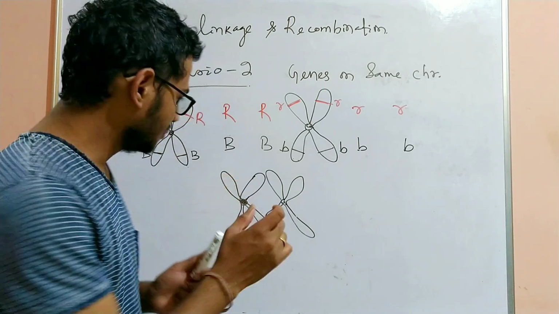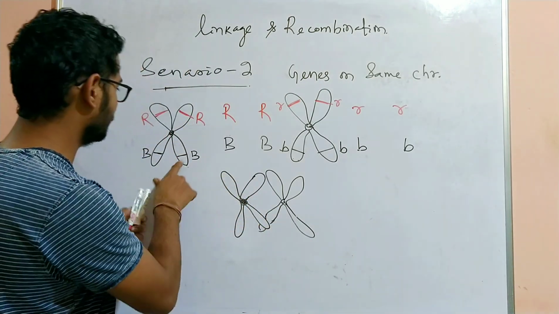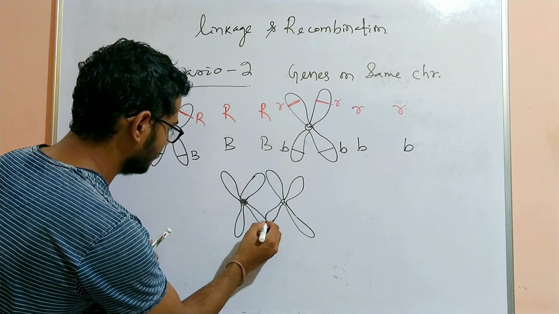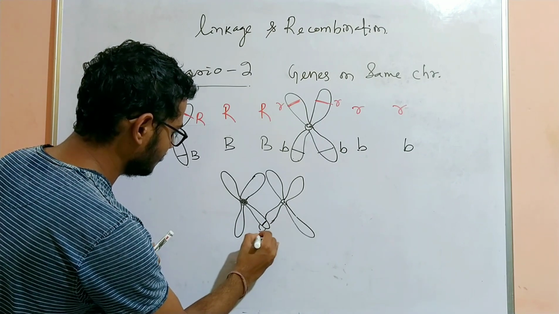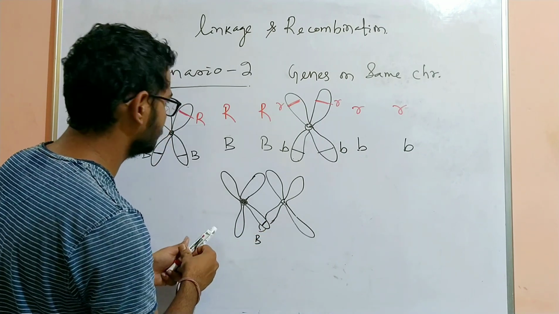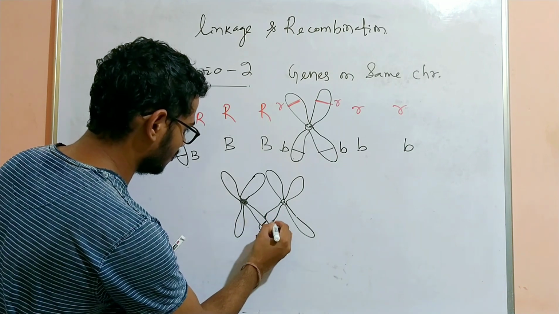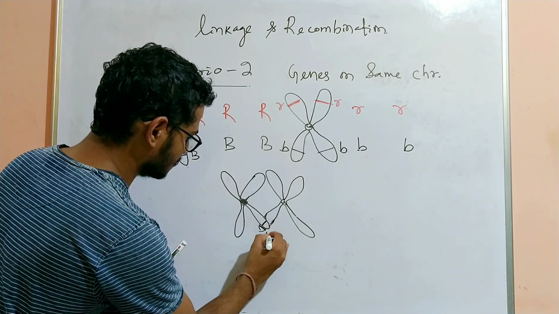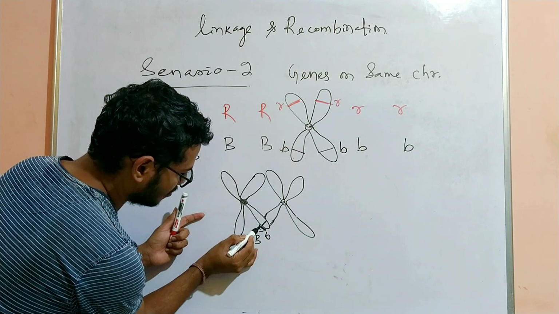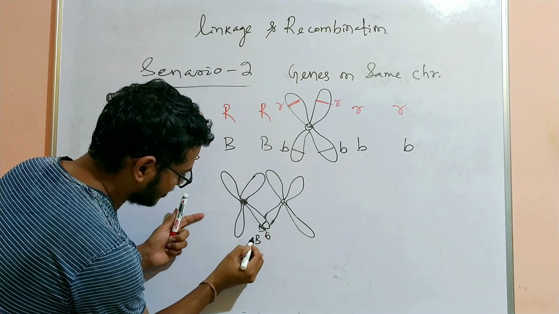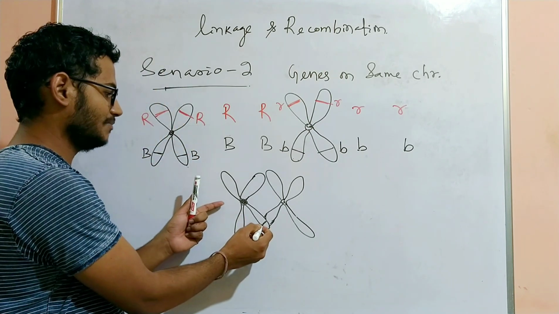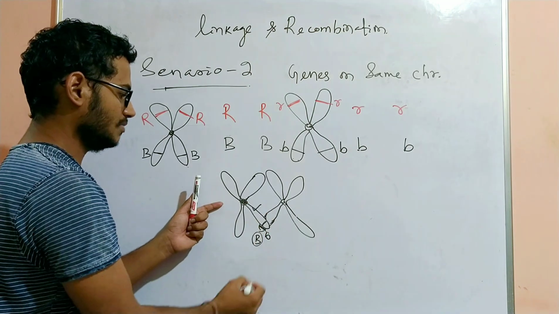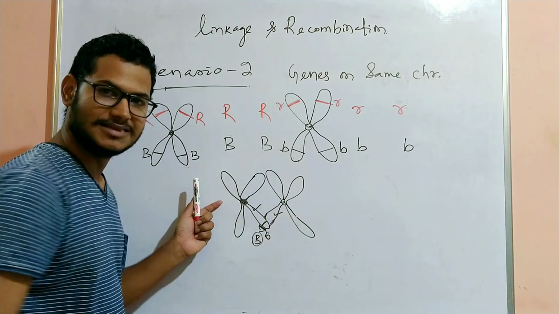Okay, so during crossing over, what will happen? Here we have capital B, we have capital B, and this one is small b. This one is the small b and this one is the capital B. So capital B is present in this chromosome and small b is in this chromosome.